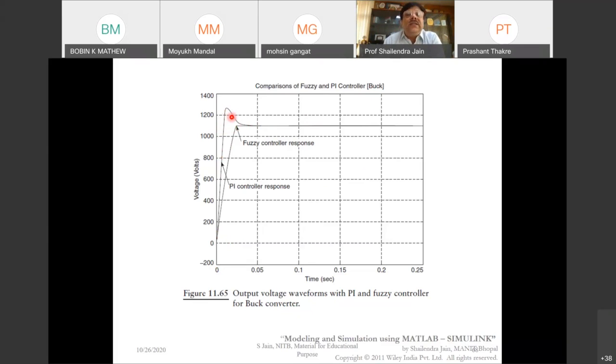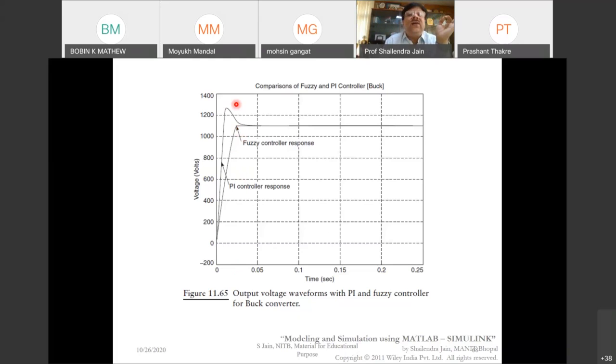And the settling time, you can see the output is varying very smoothly and it reaches steady state much before it reaches steady state in the conventional PI controller. So both the aspects, overshoot as well as settling time, are better with the fuzzy controller in this particular case.